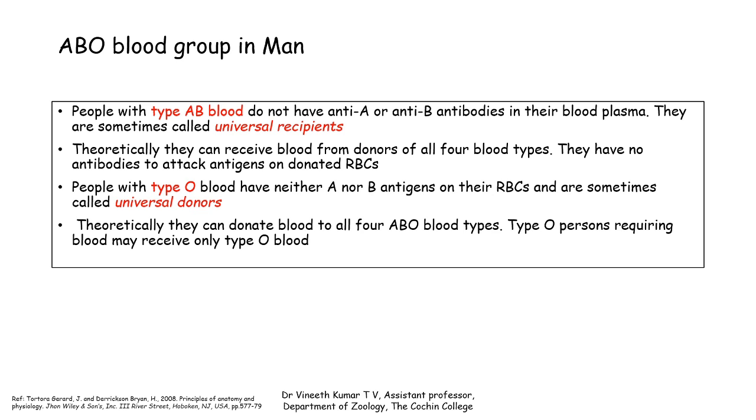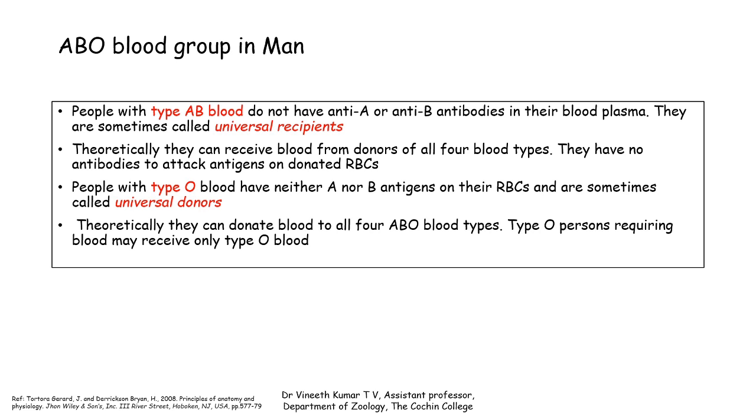Theoretically, they can receive blood from donors of all four blood types, as they have no antibodies to attack the antigens on the RBCs. So theoretically they are called universal recipients, and theoretically they are called universal donors, because, as I mentioned earlier, it is not only this compatibility criterion that is followed for blood transfusion.